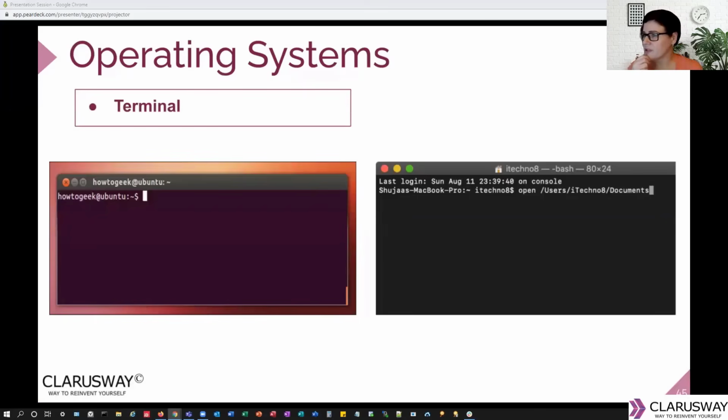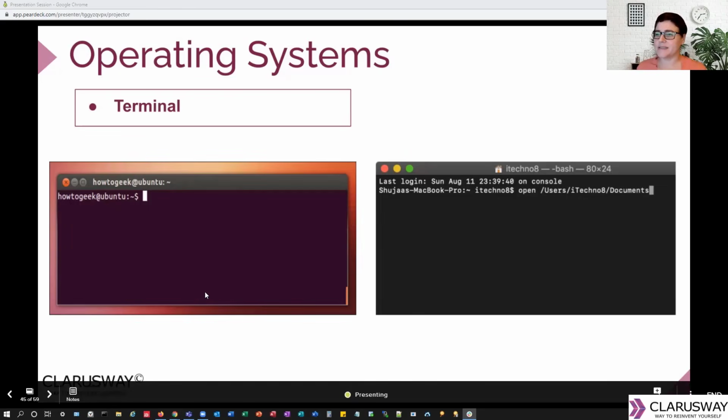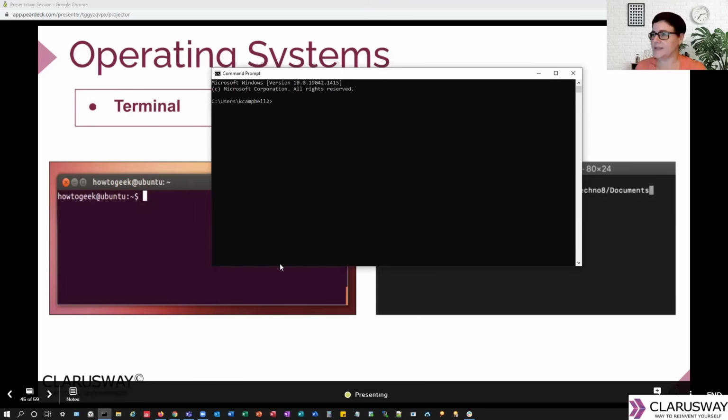All right, terminal. So we talked about terminals. We saw that word come up in our Kahoot. And this essentially is a terminal. You can launch a terminal from Windows. This is the command prompt, as it's called in Windows.